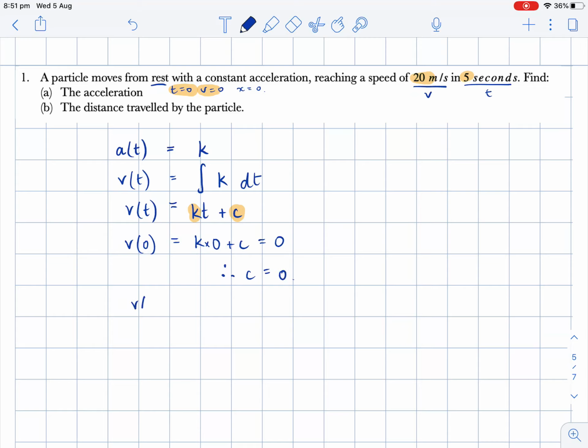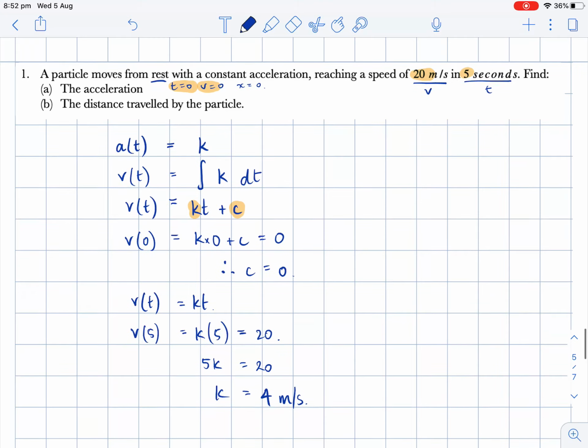So now v of t equals kt, and then substituting my second point, when t equals 5, I know that the velocity is equal to 20. So 5k equals 20, so k has to equal 4. Let me get that right. Yes, 20 divided by 5, k has to equal 4 meters per second squared.